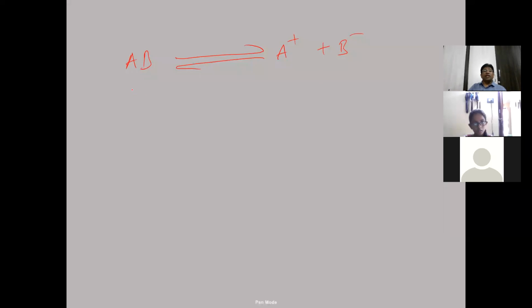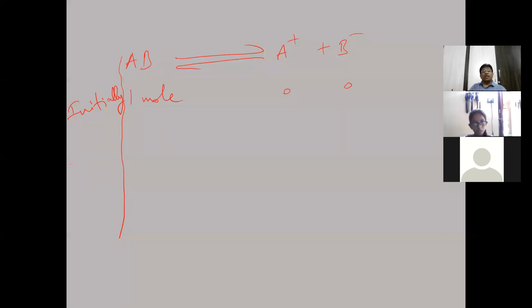Now here we have taken initially 1 mole of AB solute. Initially 0 A plus ions, 0 B minus ions.